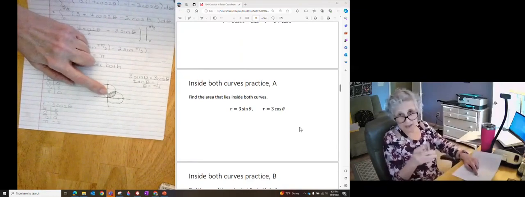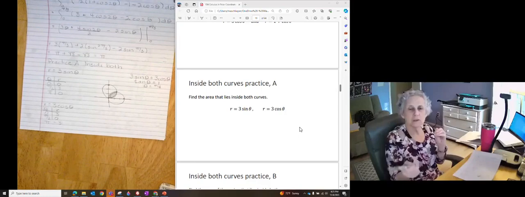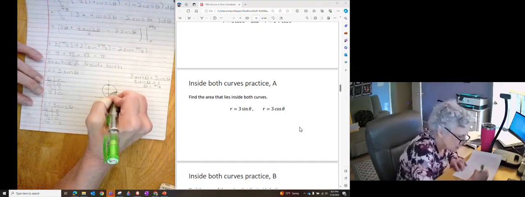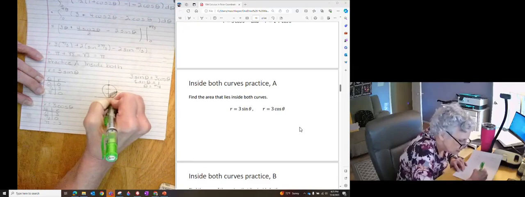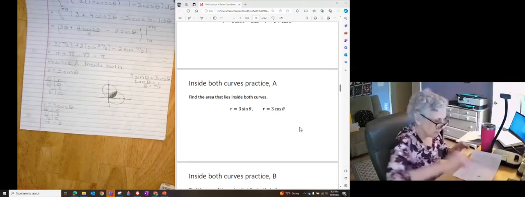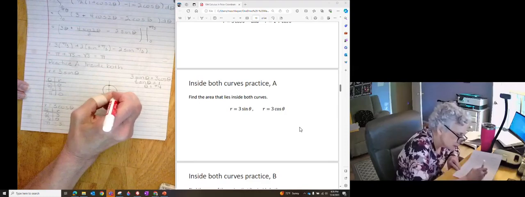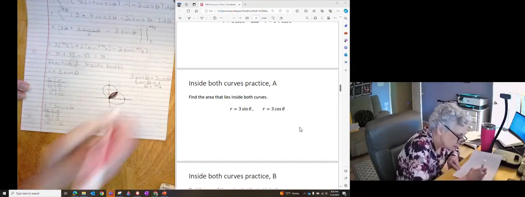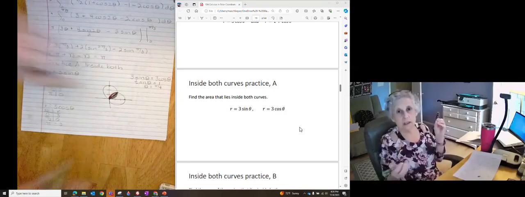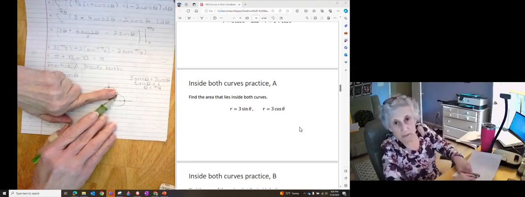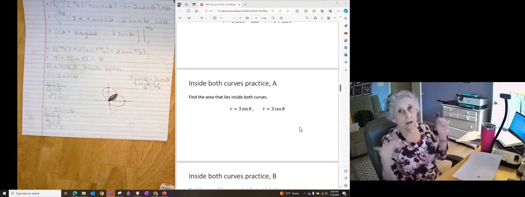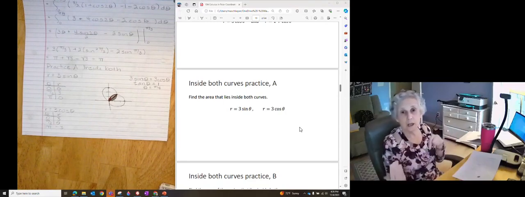I can't find the area of that little shape by doing one minus the other, because it's the area inside of the sine during this little piece here, and it's the area inside of cosine in that little piece. So you have a choice. You could find the area of this piece and then add it to the area of that piece, or you could find the area of either of those pieces and double it.